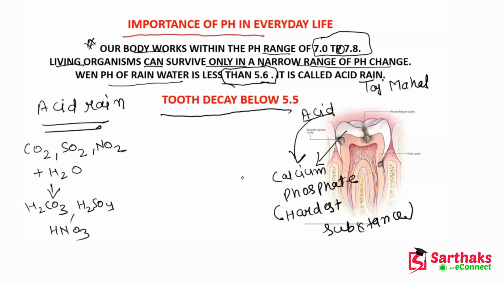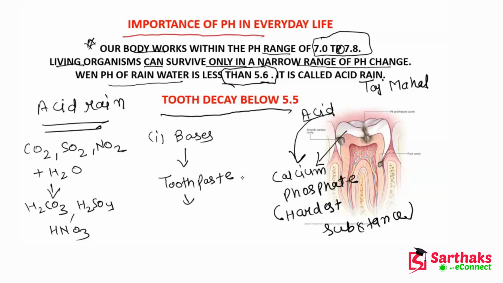So now how to prevent this? How can we stop this process? We all know that acid can only be neutralized by bases. So guys, we brush our teeth with toothpaste.